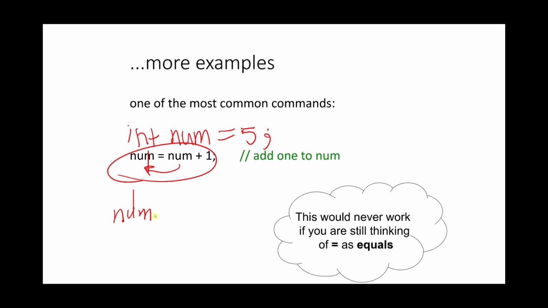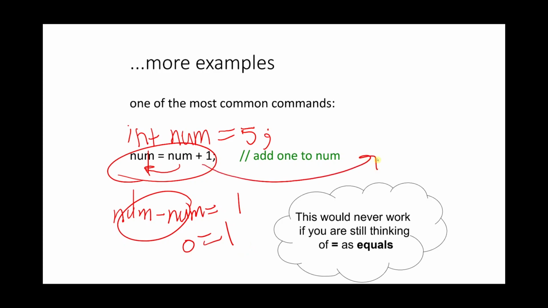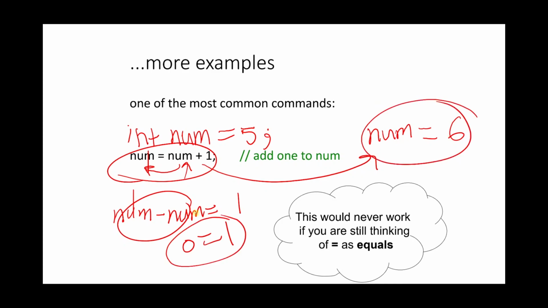Num minus num equal 1, which is 0 equal 1. No, this should not exist. 0 will never equal 1, right? But actually in C++, that is being considered the following. Num is going to equal the value of num, 5, plus 1, which is 6. So the eventual num is going to be 6, not 0 equal 1.